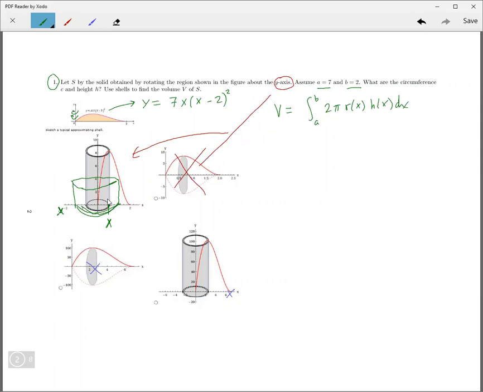So 2 pi rh is the surface area of the cylindrical shell. dx sort of stands for the thickness of the shell. See how it's got a little bit of thickness? And that's what gives it volume. And that thickness is thought of to be dx.